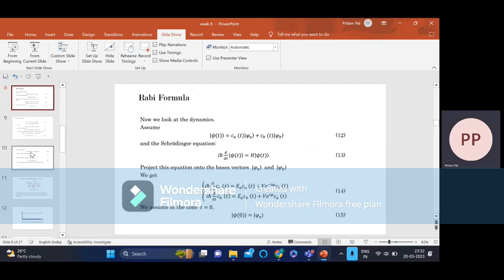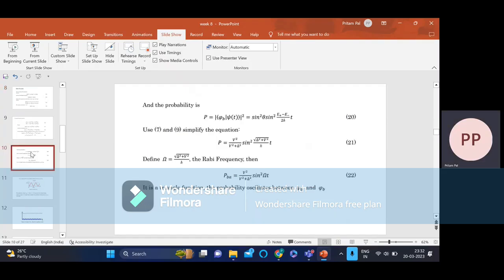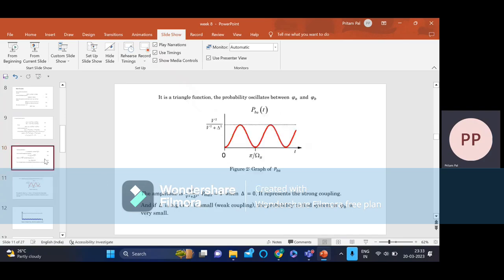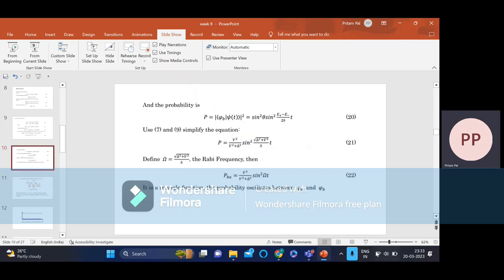So basically, Rabi frequency is the frequency at which the probability amplitude of two atomic energy levels fluctuates. Okay. It's a very important formula. Please mark this.